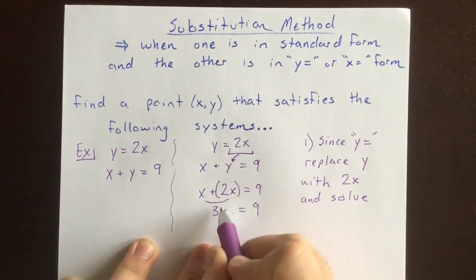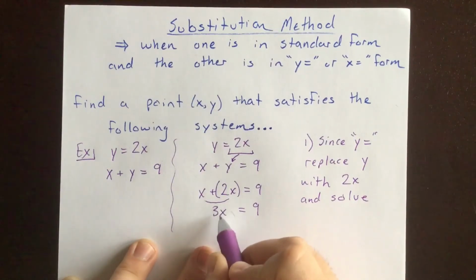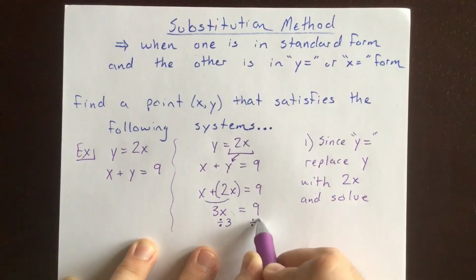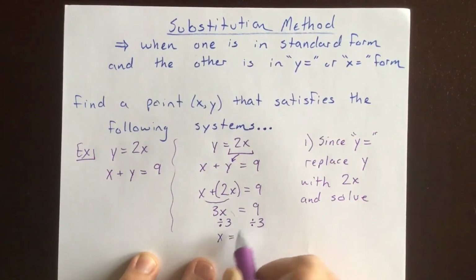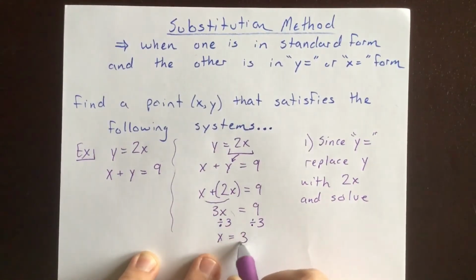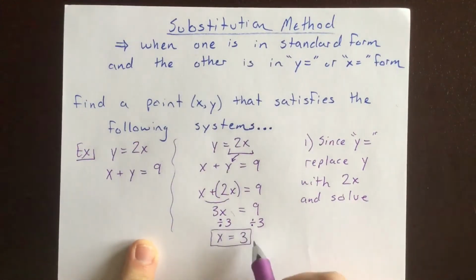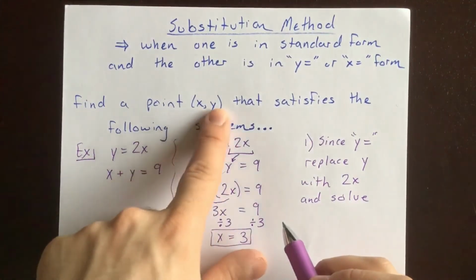With no symbol in between our 3 and x, that tells us this is multiplication. To remove multiplication, we have to divide. So dividing 9 by 3, we get 3. So that's x = 3. Now you might recognize we don't know what the y value is.